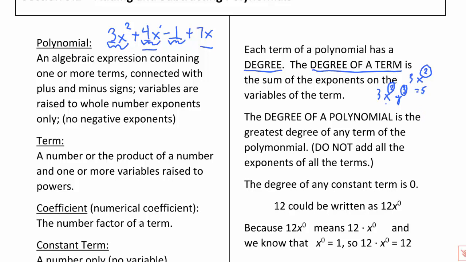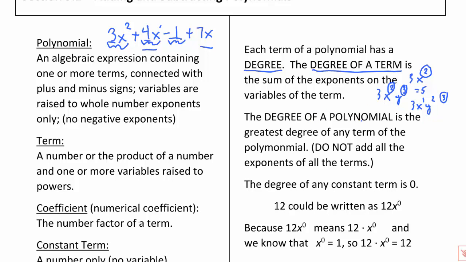So this is a degree 5 term. Or what if we did 3x y squared? If I added up the exponents on the variables here, this would be 1 plus 2, which gives me 3.